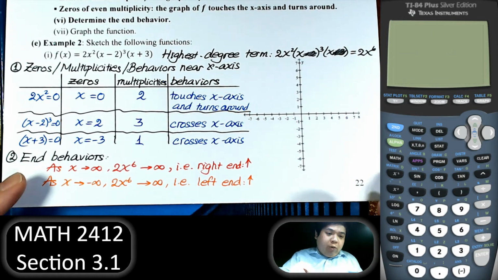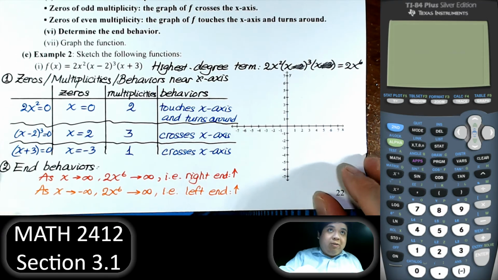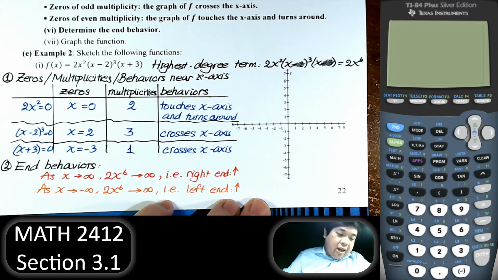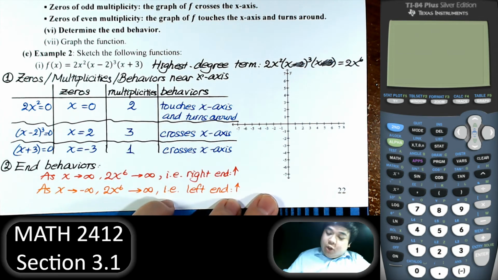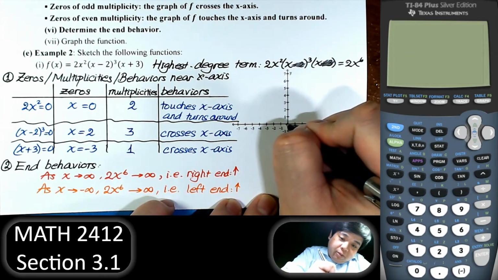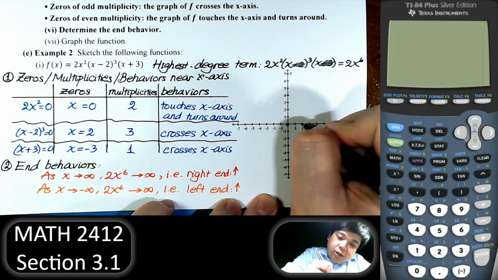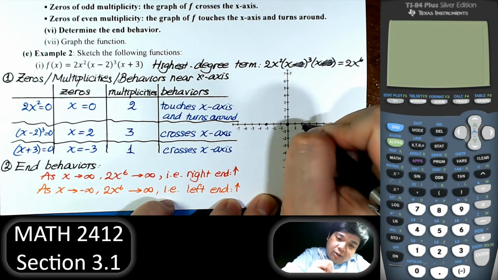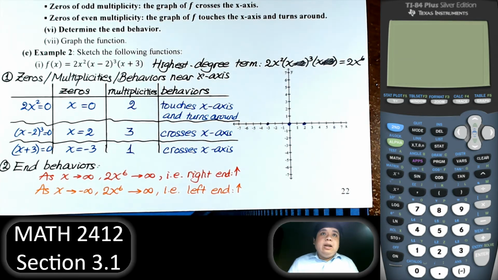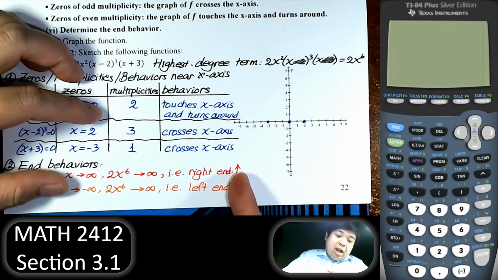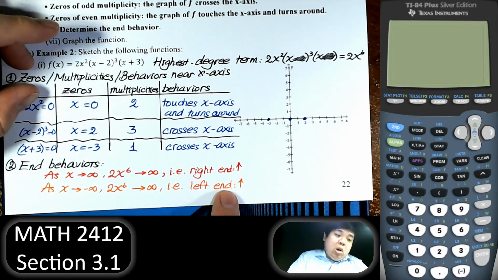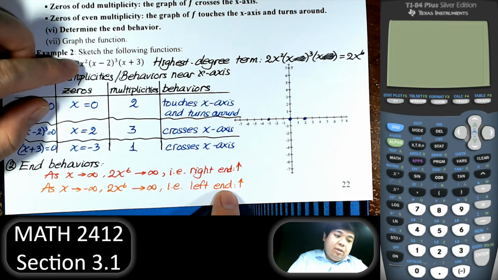Right. Now put all of this together and we should have the graph. So first the graph will be at 0, 2, and negative 3. So we have those zeros, 2, and negative 3. Now the end behavior, the right end is up, the left end is also up, right?